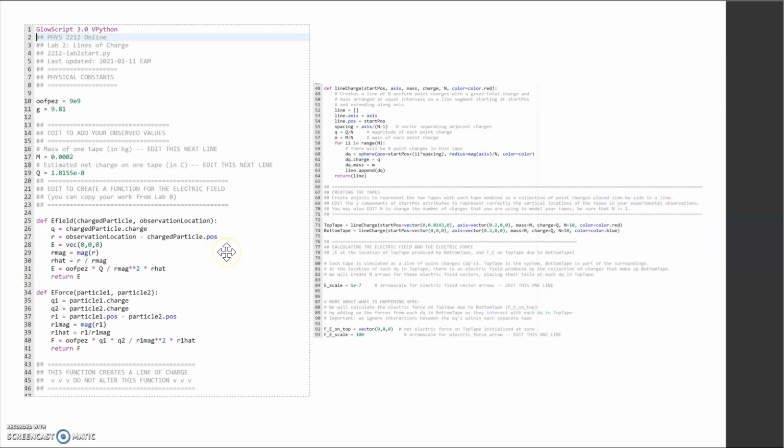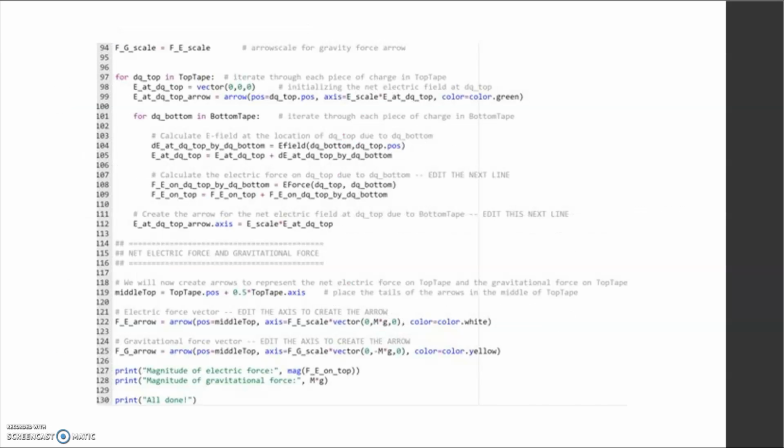So for my models, these are the first two parts of my GlowScript code, including physical constants, measured mass, our E-field and E-force calculations from Lab 1, the code that creates the uniform point charges, and the calculations in finding the E-field and electric force on the top due to the bottom and the bottom due to the top.